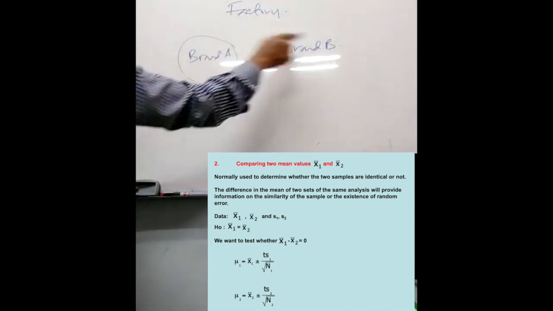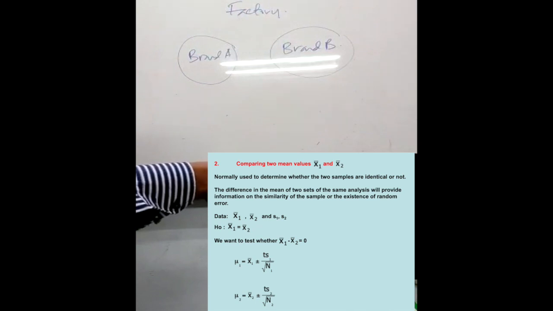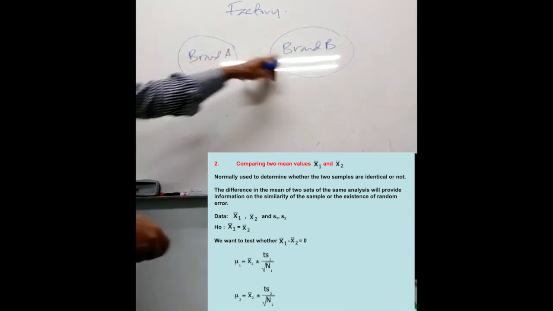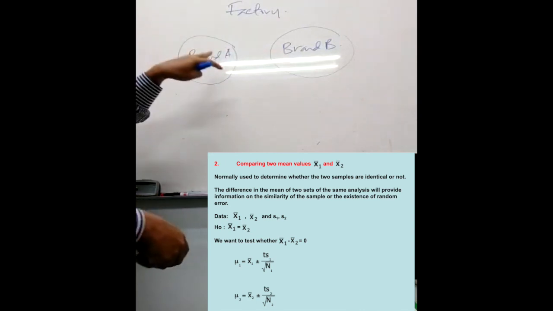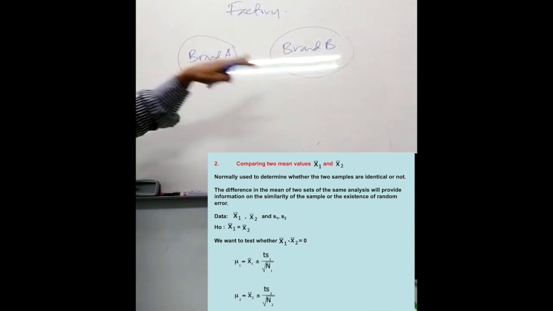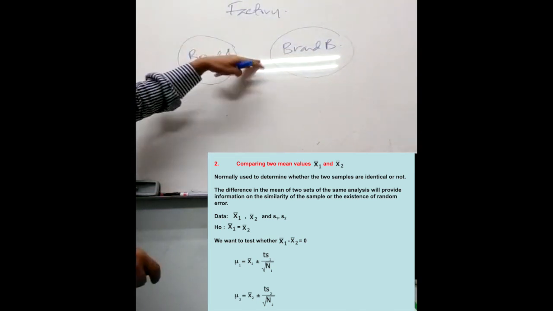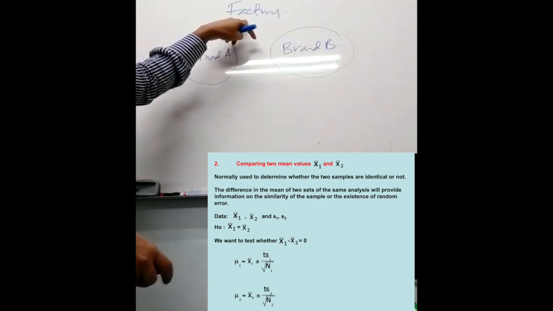Only the brand is different. So we use this test, x1 and x2, to compare and to confirm whether brand A and brand B are an identical sample, or come from the same factory.